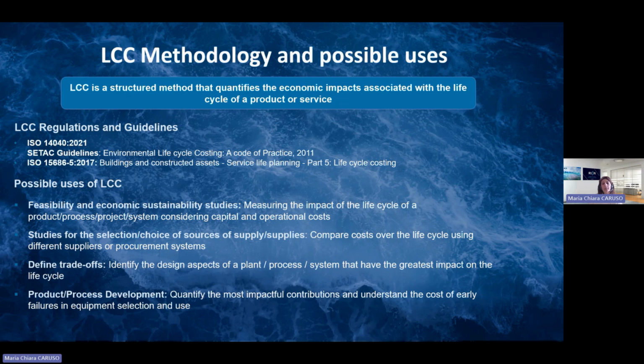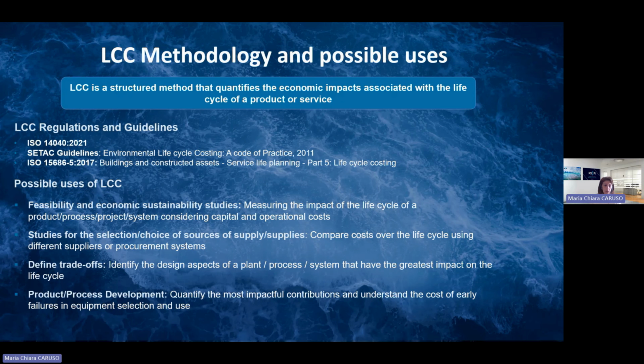Also in this case, the LCC is very useful for different purposes. The main result is to measure the impact of the life cycle of a product, process and system, considering both capital and operational costs. It is very useful to compare costs over the life cycle, also using different suppliers or procurement systems.